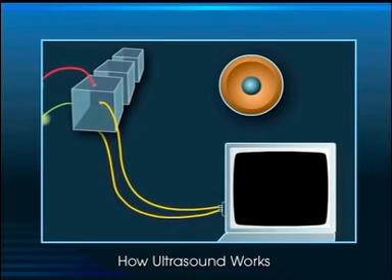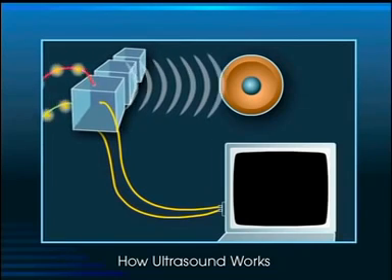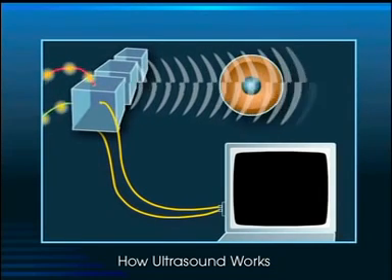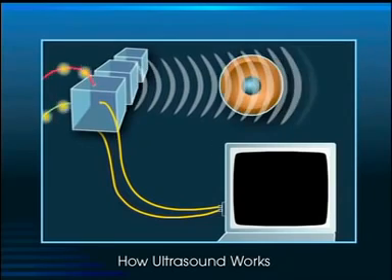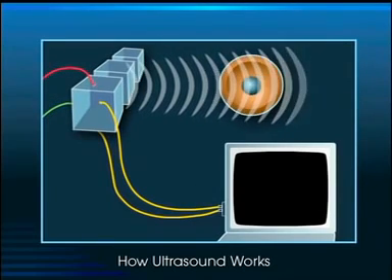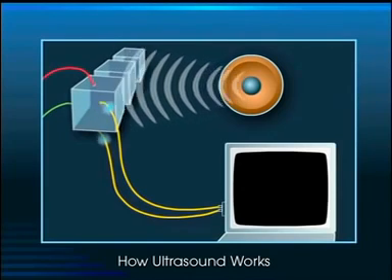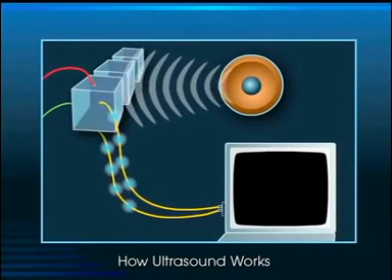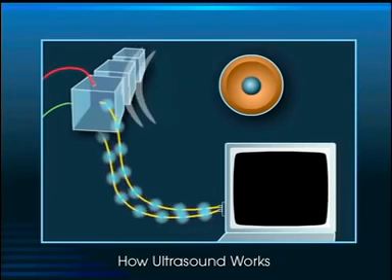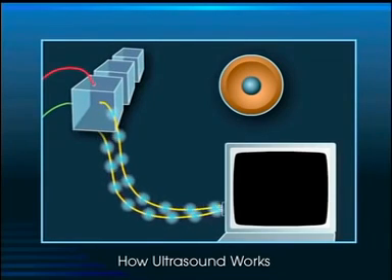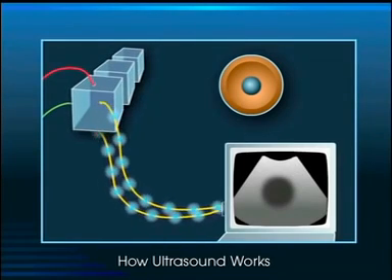Well, the way ultrasound works is the transducer has the piezoelectric effect, meaning that when electricity is applied to it, the crystals shake and the sound gets emitted from the crystals at the ultrasound frequency. Those sound waves travel into the body and then reflect back to the crystals, and the crystals shake again, transducing acoustical energy back into electrical energy, and the machine plots these dots on the screen.